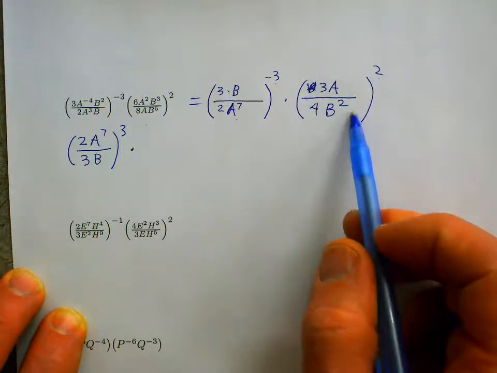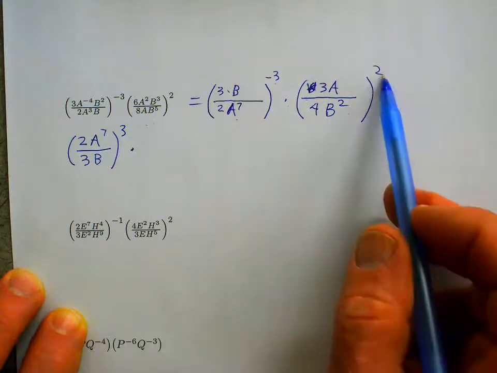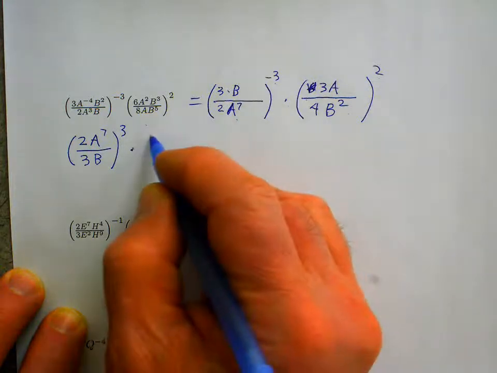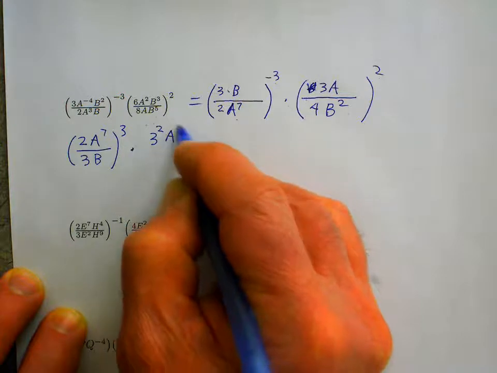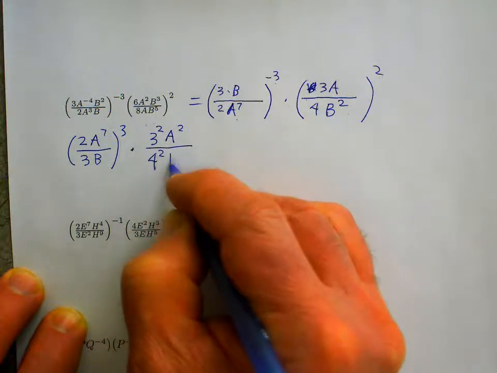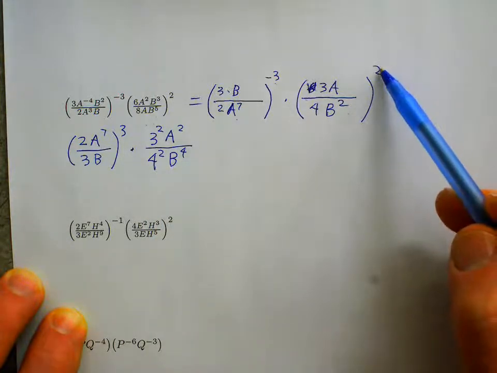And for the term on the right, we can apply the outer exponent 2. So we get 3 to the second times a to the second over 4 to the second times b to the 4th, because we're multiplying exponents. 2 times 2 is 4.